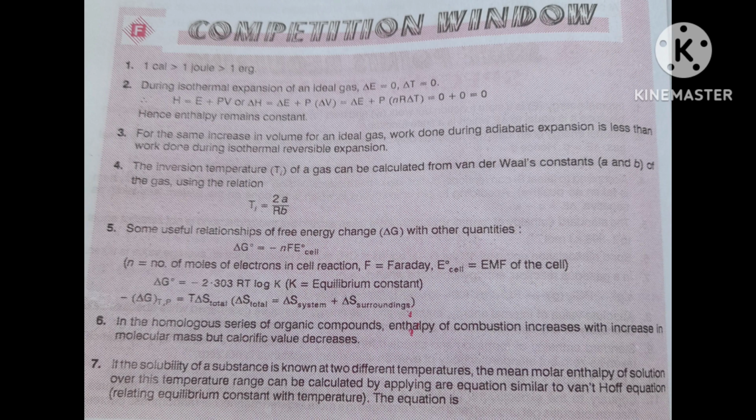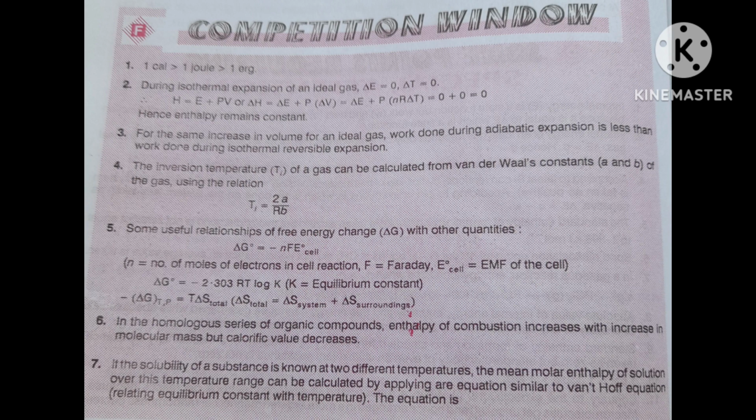Then H is equal to E plus PV. Then delta H is equal to delta E plus P into delta V, because P is constant and volume is changing. And now already I told you that during isothermal expansion of an ideal gas, delta E is equal to 0 and delta T is equal to 0.